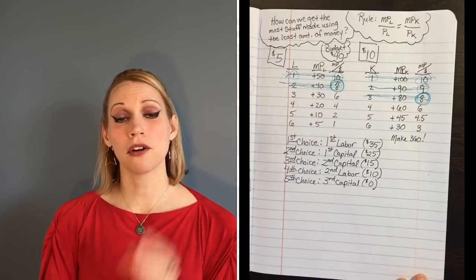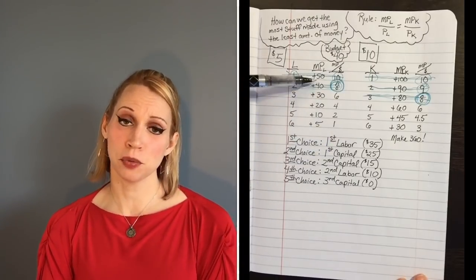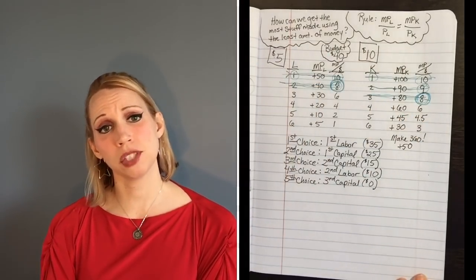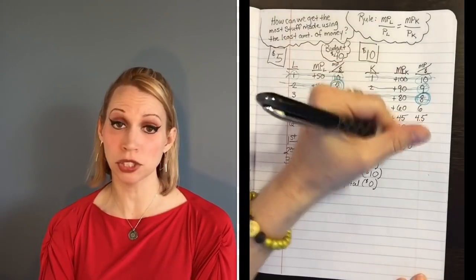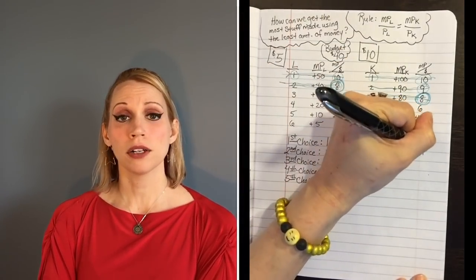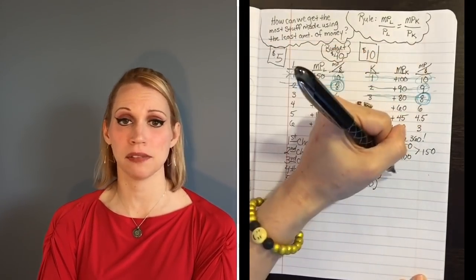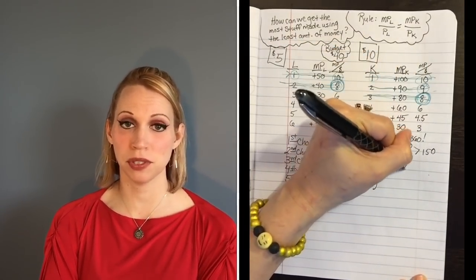When we chose our first worker, that first worker gave us an extra 50 units of output. And then our second choice was our first machine, which was 100 units of output. So that's 150. Our third choice was our second machine. That's an extra 90 units of output, and so that's going to be 240.